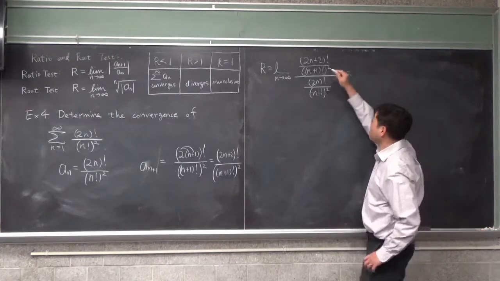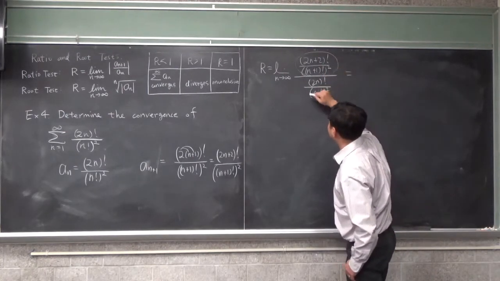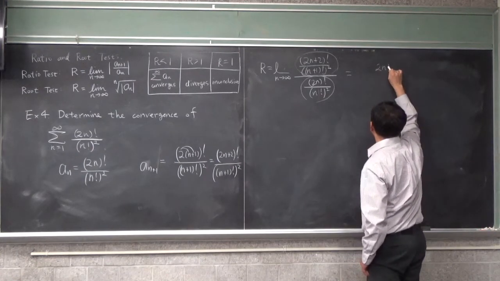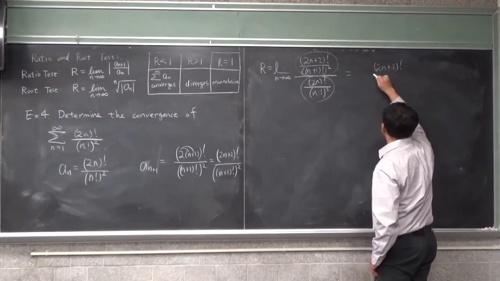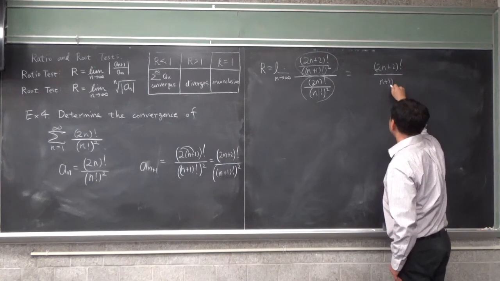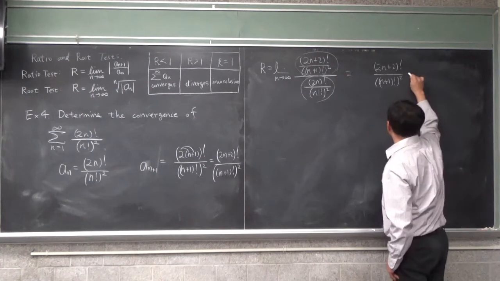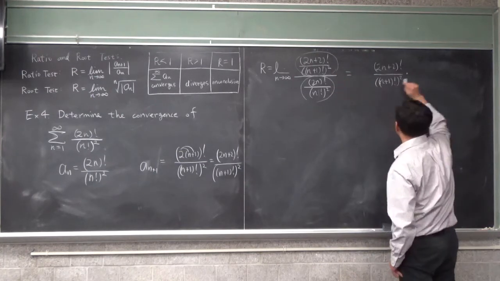We do keep, change, flip because you're dividing a fraction by a fraction. So you keep the very first one, you change the division to multiplication, and you flip the second fraction.